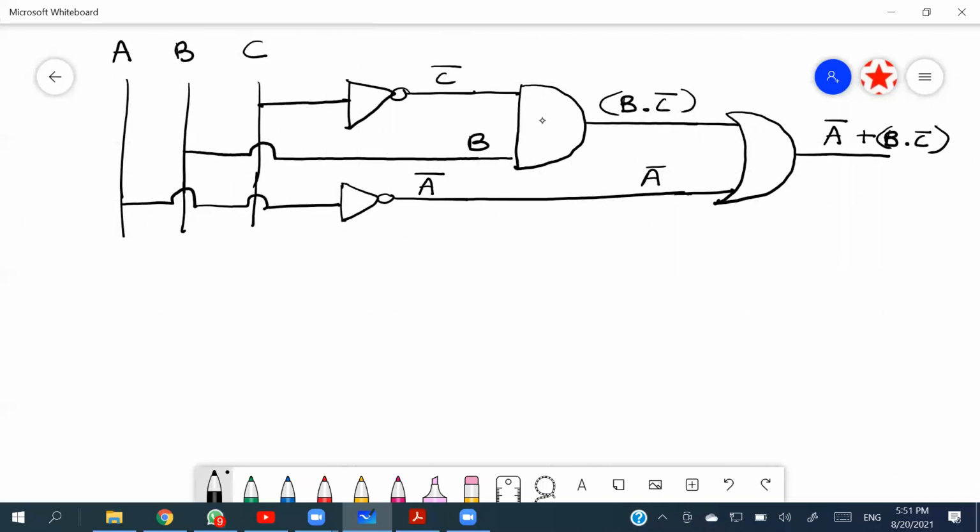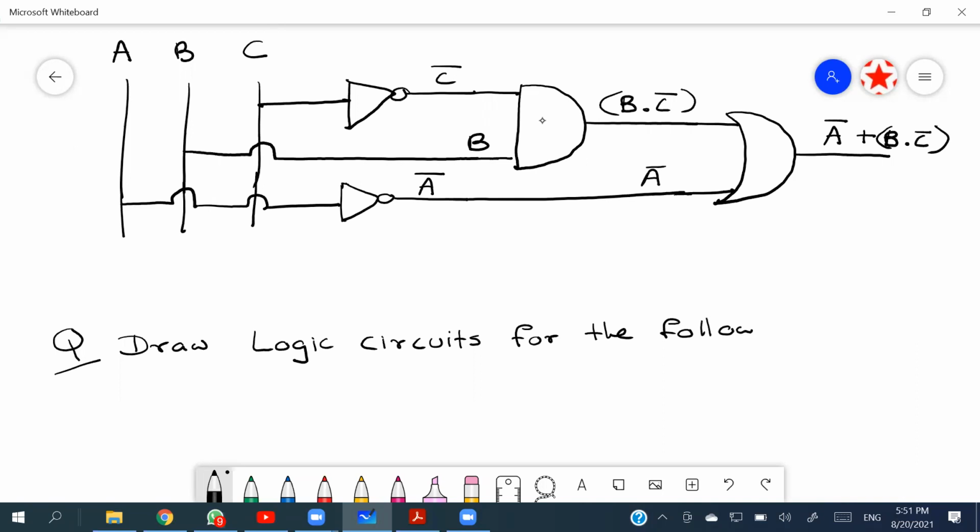You can write the question with me. Draw logic circuits for the following expressions.